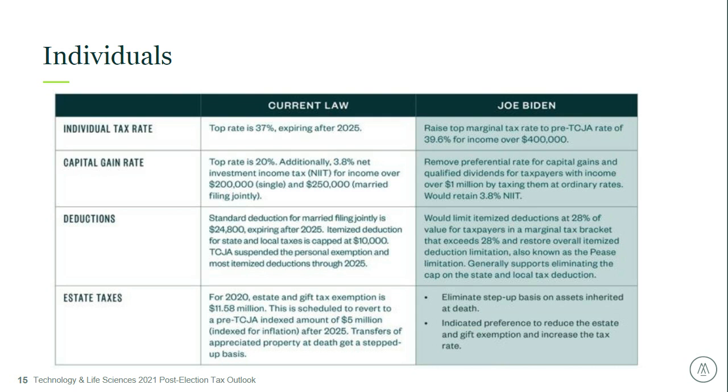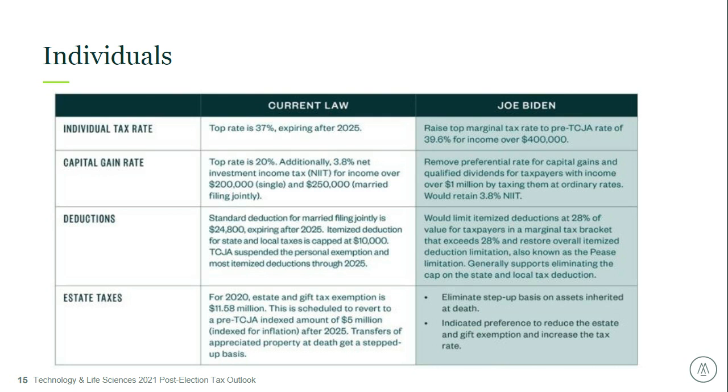What the Joe Biden plan looks to do is generally support eliminating that cap on state and local tax deductions, but for high income individuals, it would limit the benefit they would receive on itemized deductions to a 28% rate. So even if you were in a higher tax bracket, the cap on your benefit is 28%. And then it would look to reestablish what formerly was known as the Pease limitation, which would phase out your itemized deductions over certain income levels.